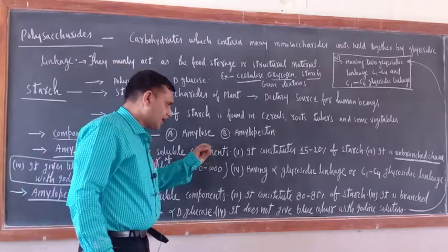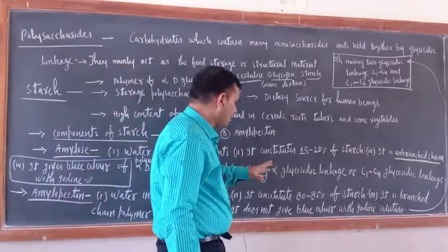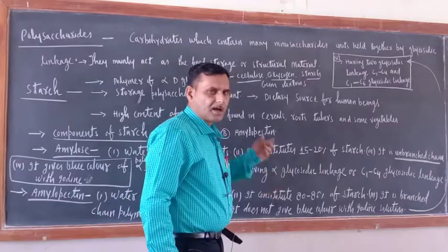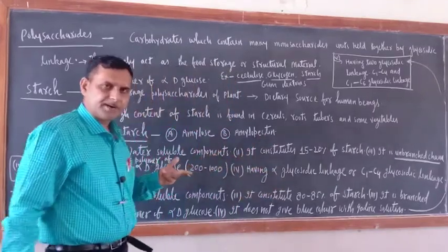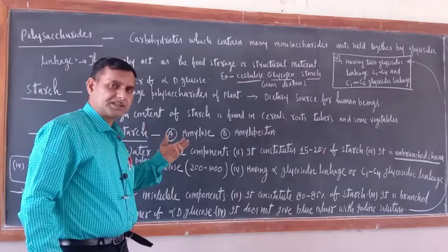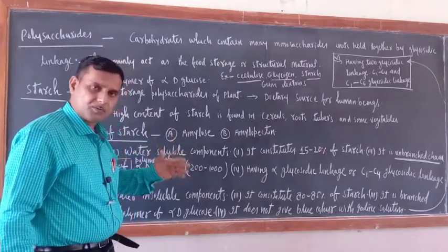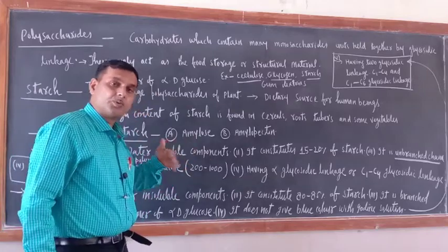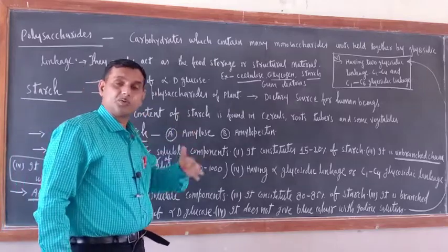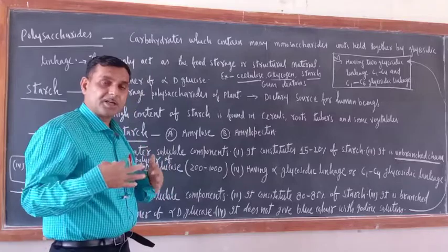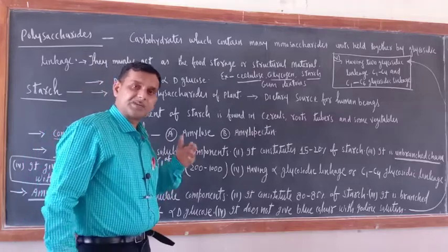Now in amylose, what kind of glycosidic linkage is there? It is proved that amylose is an unbranched chain polymer of alpha D glucose, meaning near about 200 to 1000 alpha D glucose units are there. It means they must be held with glycosidic linkage.